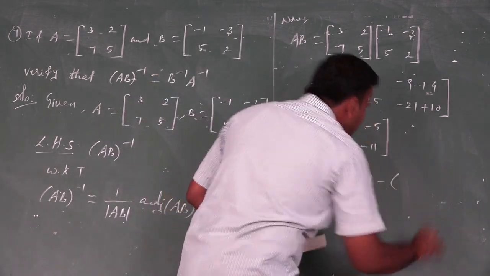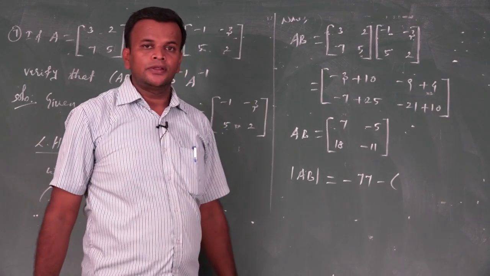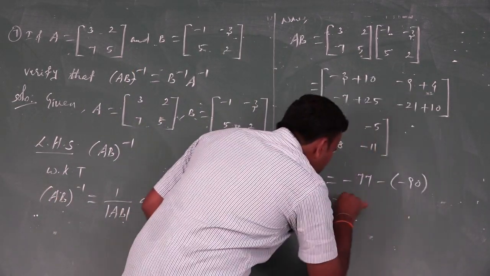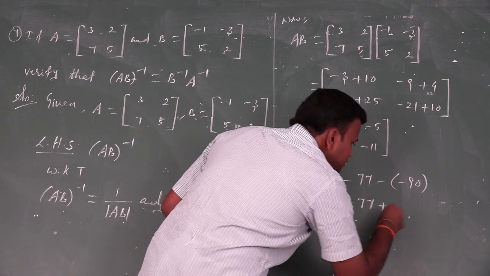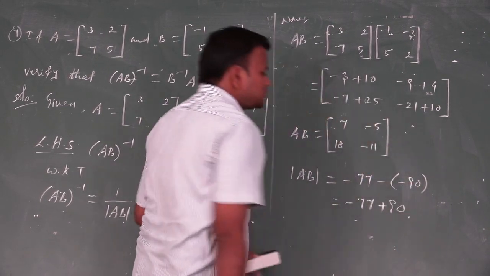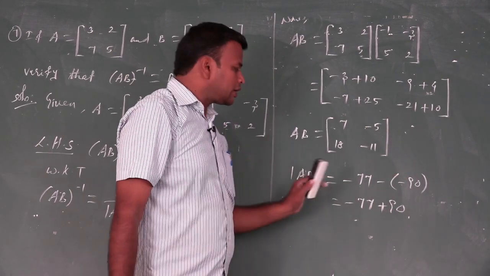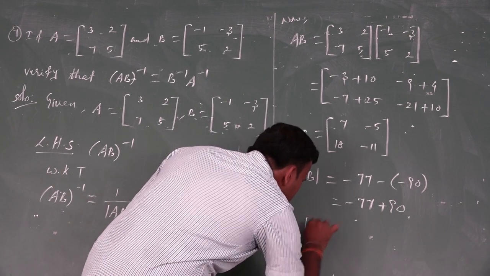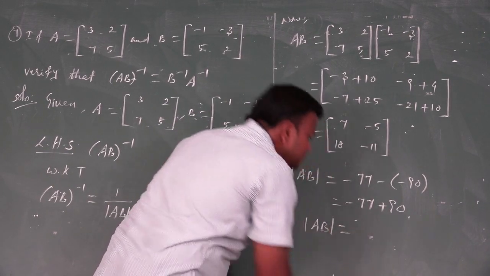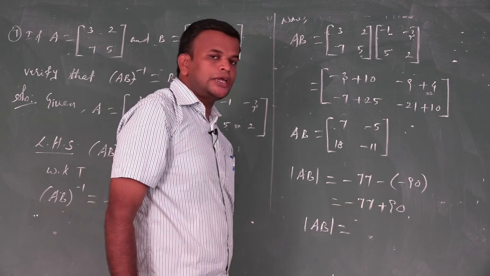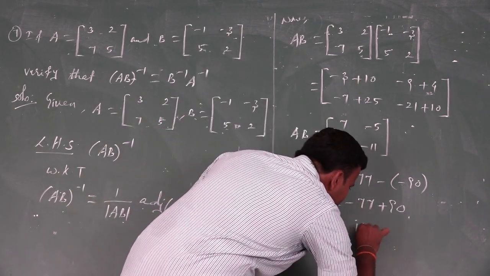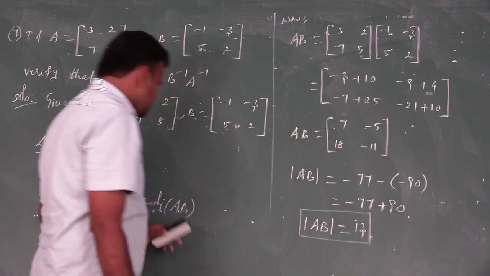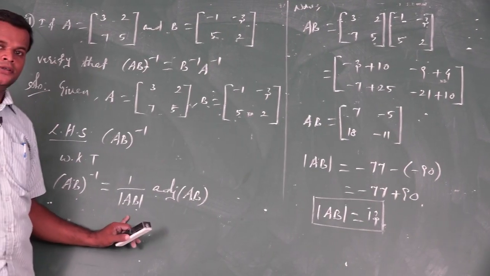So minus of 18 into -5. 18 into -5 is -90. So -77, minus into minus is plus 90. So determinant AB is equal to -77 plus 90, which is plus 13. So this determinant AB is over.